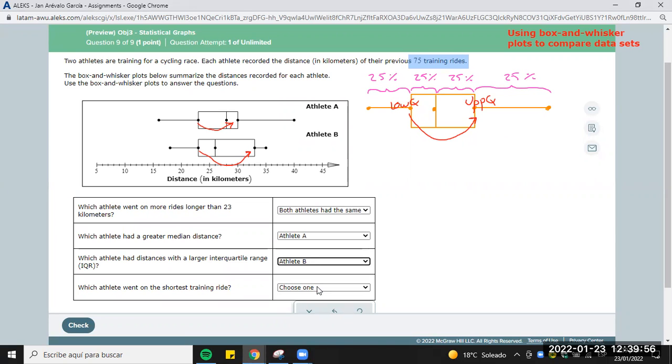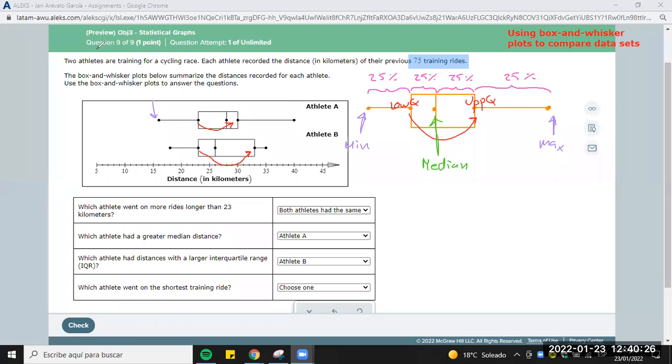Now, which athlete went on the shortest training ride? The shortest training ride we can see in here is for athlete A, because in the box and whisker plot, this is the minimum, this is the maximum, and this is, I forgot to mention it, the median, right?